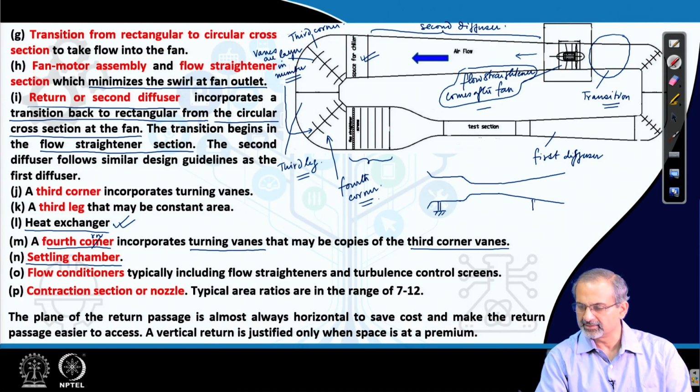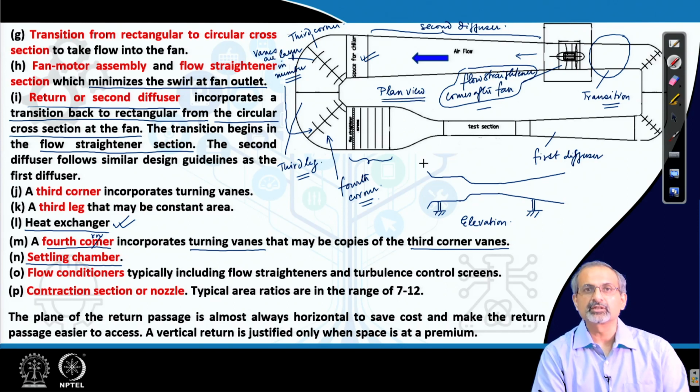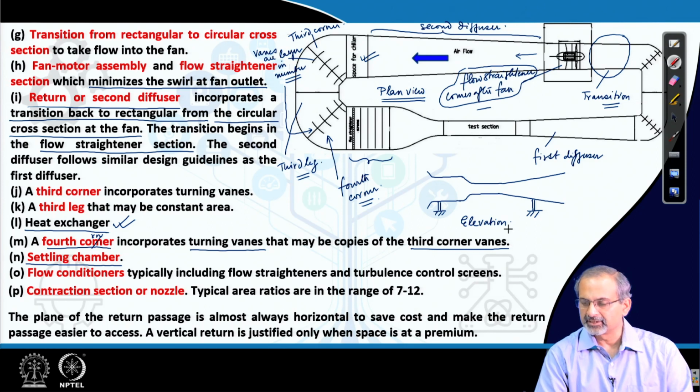Remember that what I am drawing is more like an elevation view, while what you see over here is more like a plan view. So, if you were looking at the closed circuit tunnel even in elevation view, then you would have seen something similar to this.